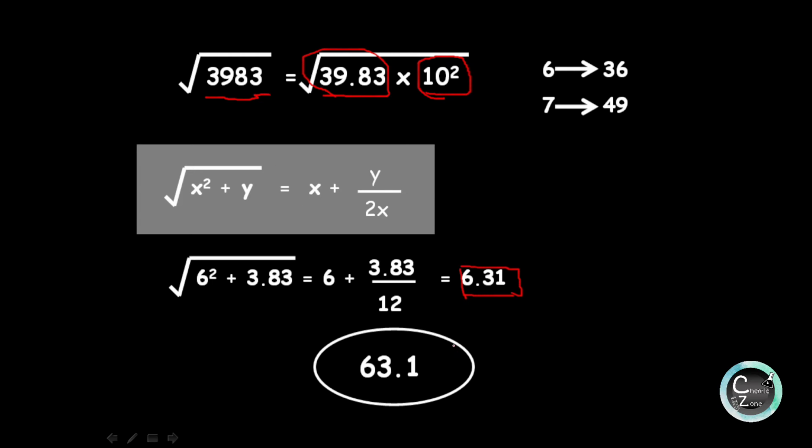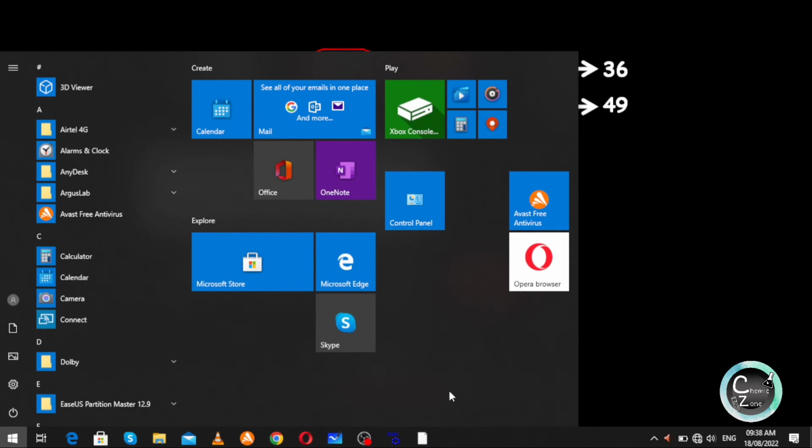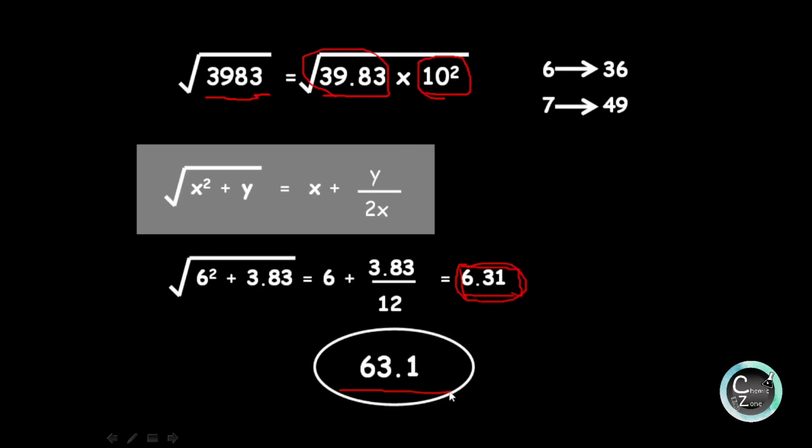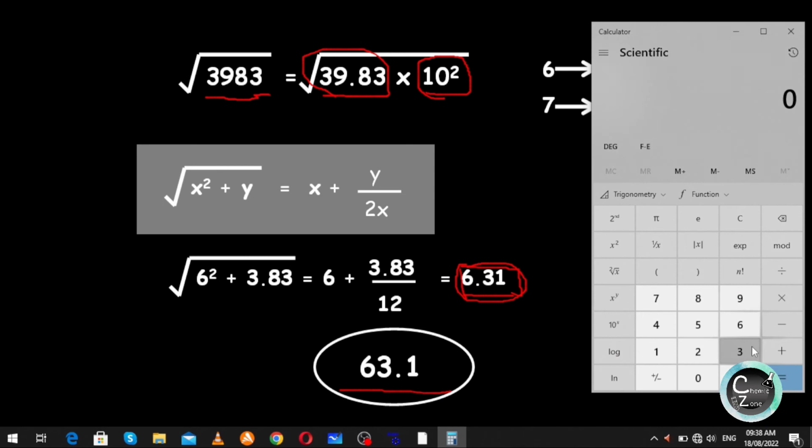If we multiply 10 with 6.31, we will get 63.1. Now let's check if it is correct or not. The square root of 3983, see, is 63.1.